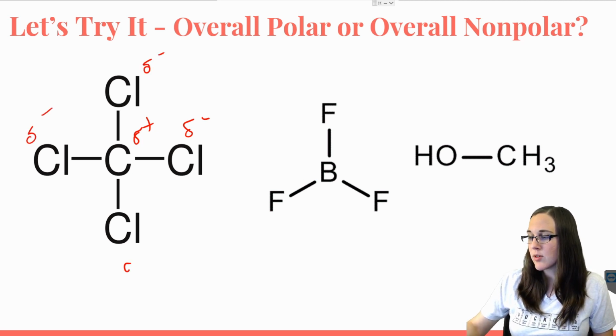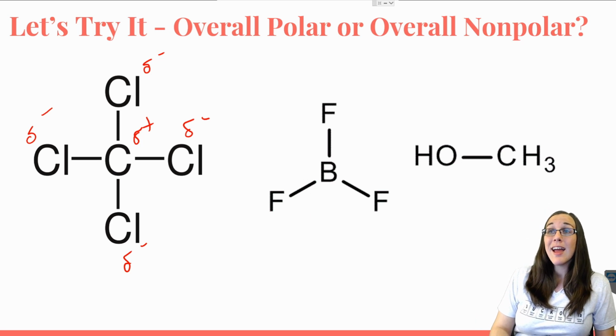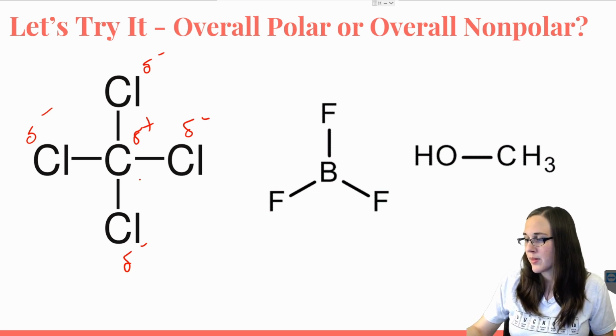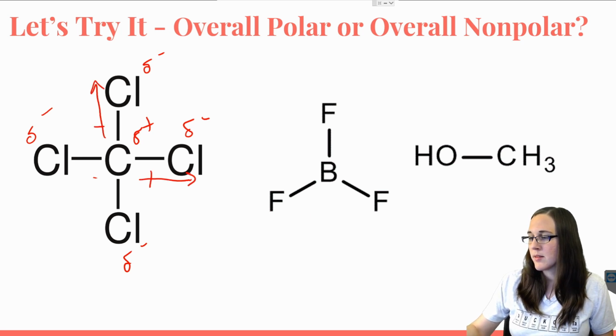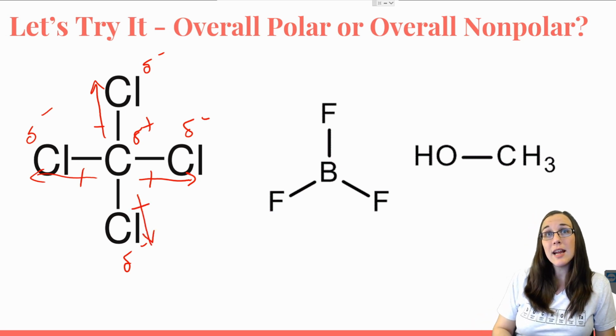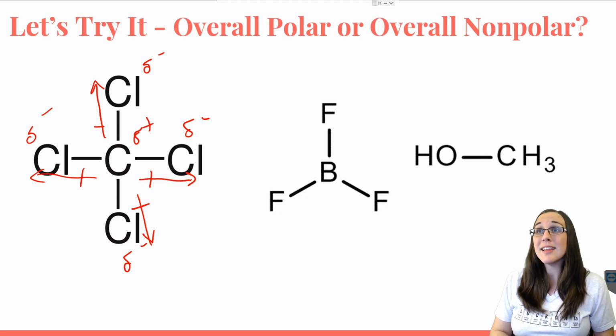It's the same trend all the way around. And now we can draw in our dipole arrows. Notice that I drew all my arrows pointing towards the direction of where the electrons want to be, where they would like to be.